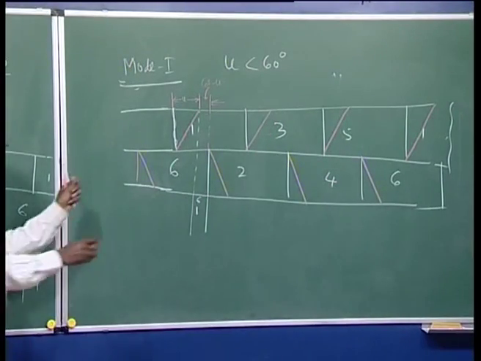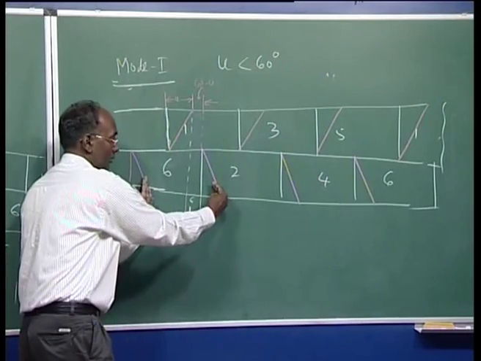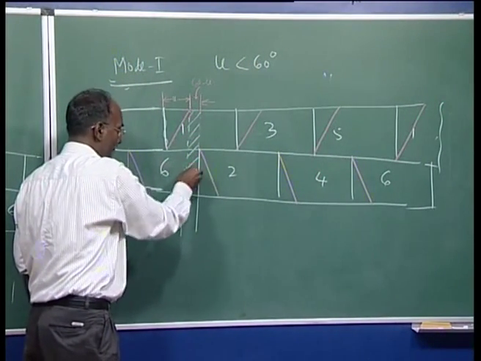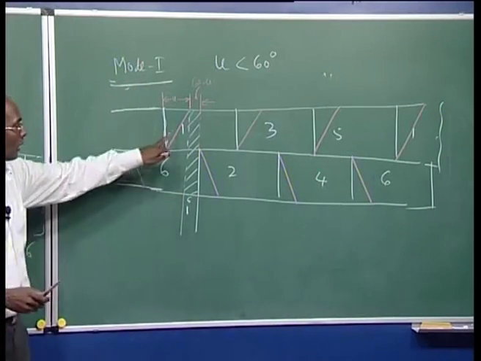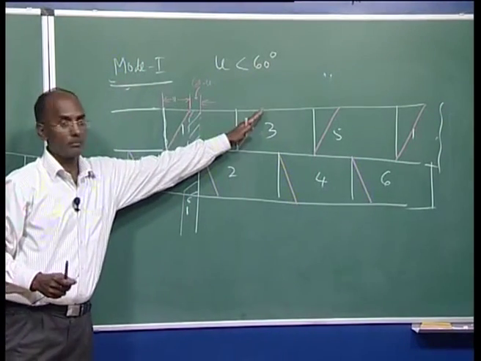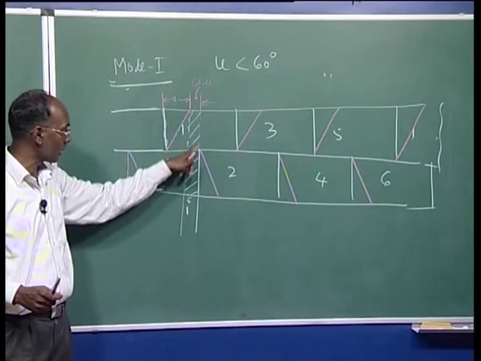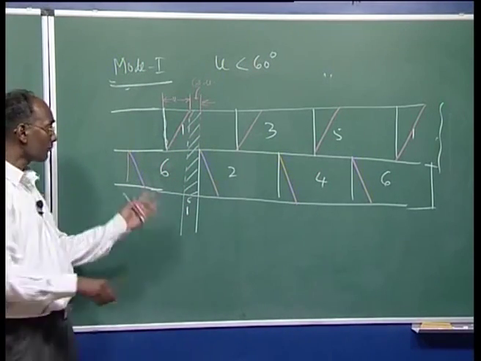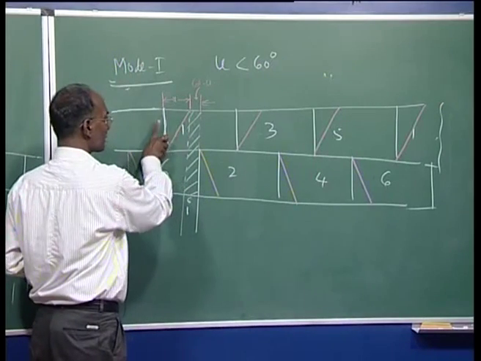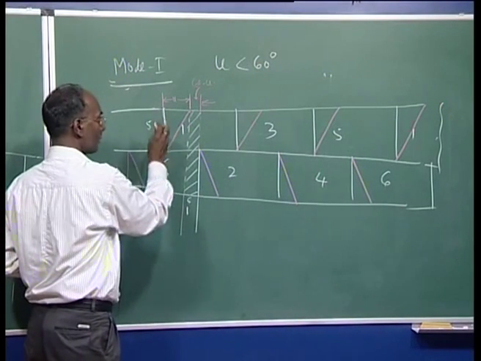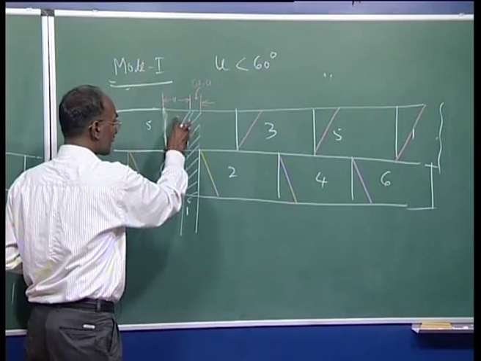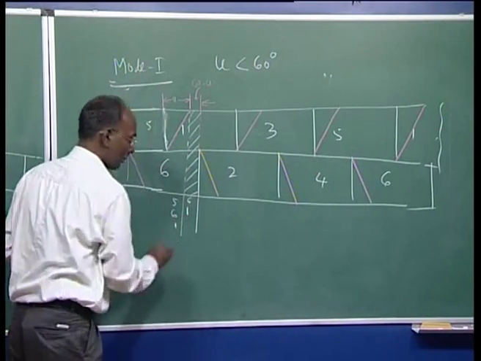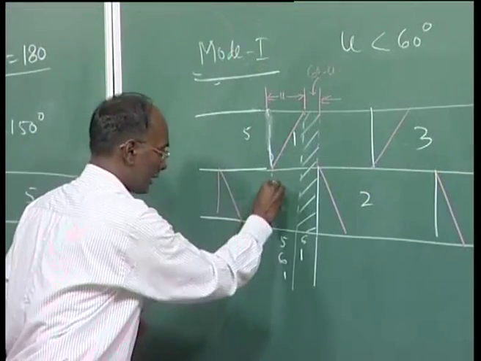In this zone 1 is there, because 1 is conducting during this period, and 6 is there, so 6 1 is conducting. Before that, it was 5. So 5 is conducting up to here, meaning I can write 5, then 6 and then 1. So this was conducting up to this portion.